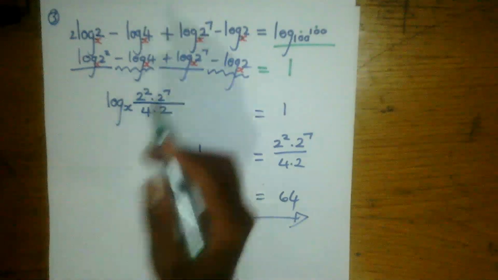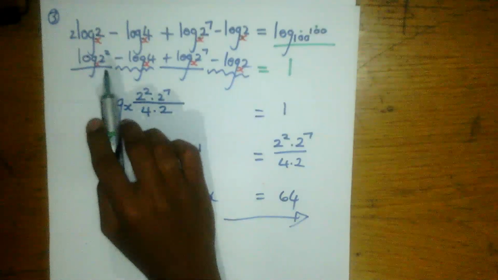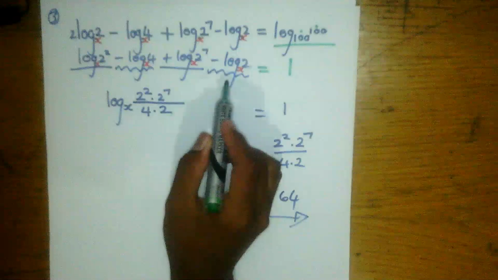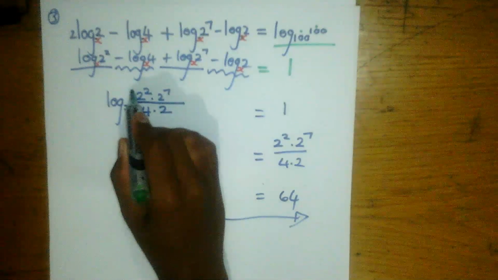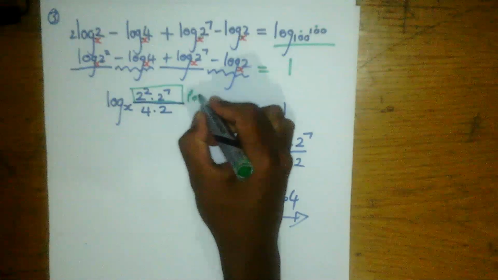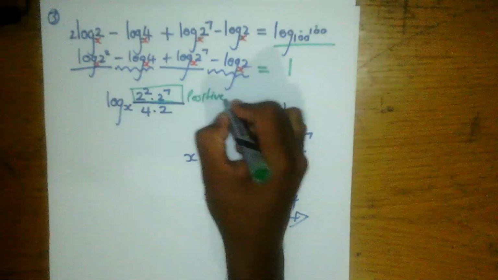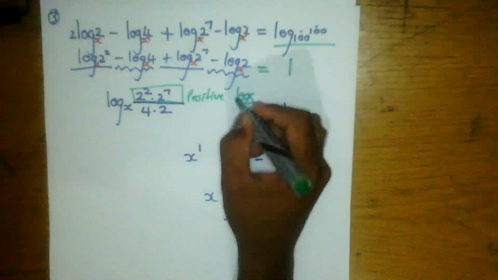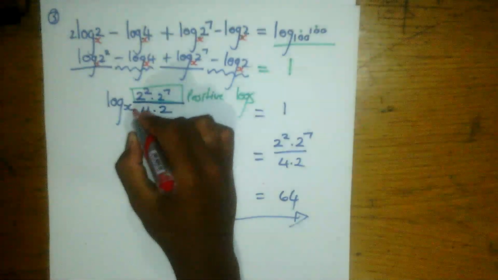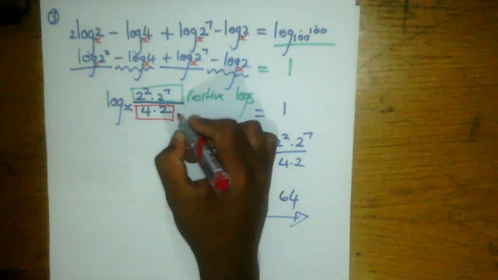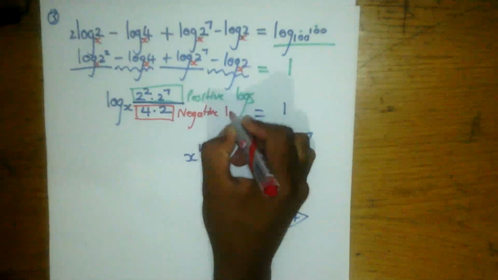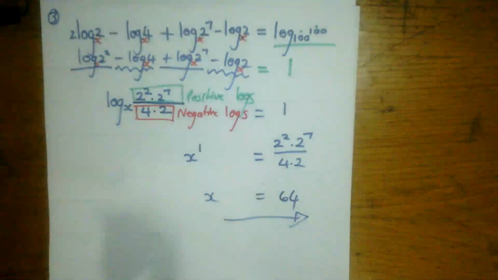Just remember that anything that has a positive log goes on the top, anything that's a negative log goes to the bottom.